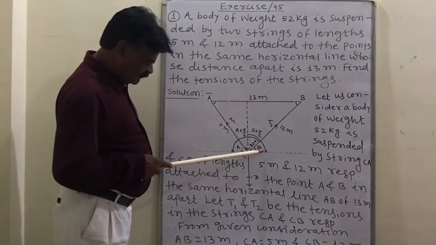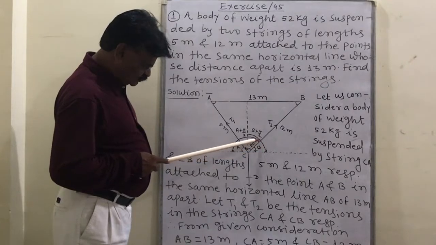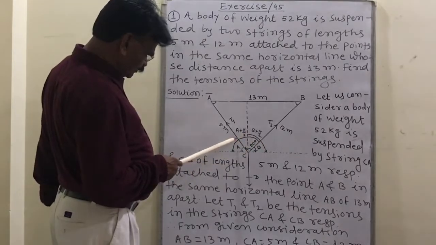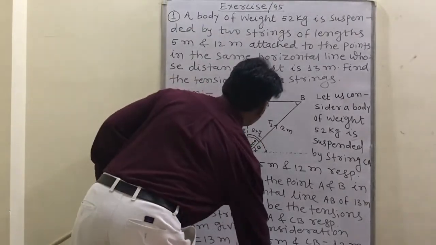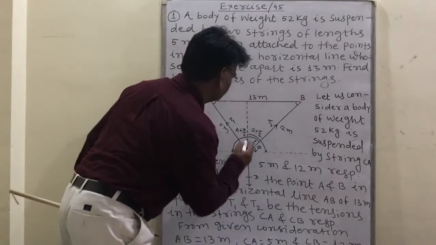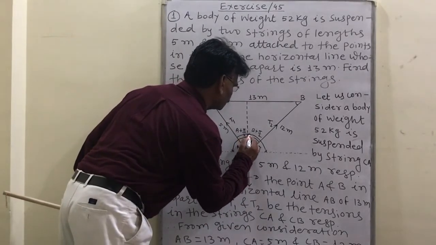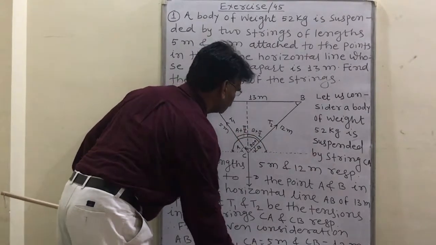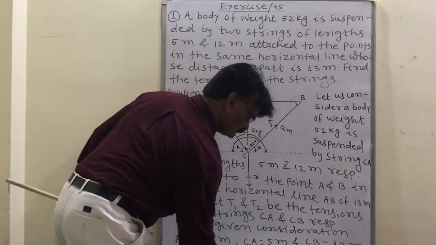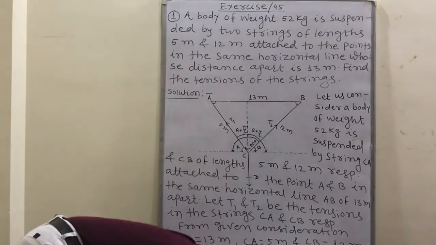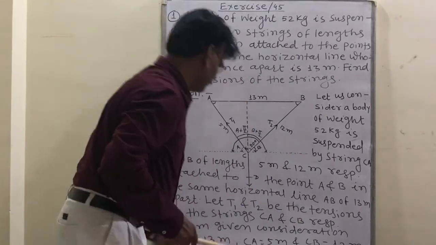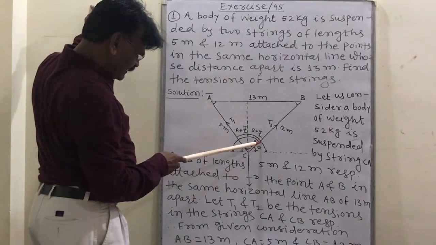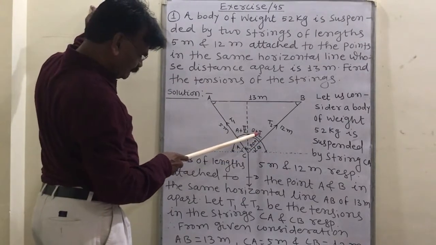If you consider from here to here, this is B, and from here to here 90.